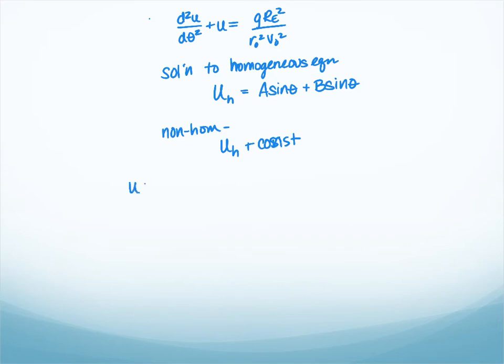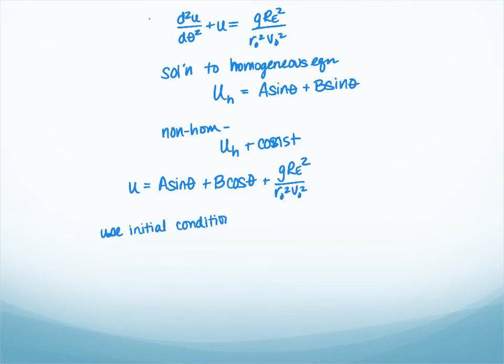So our solution can be written as a sine of theta plus b cosine of theta plus g re squared over r naught squared v naught squared. And if you might remember from differential equations, we can use the initial conditions to find our constants.